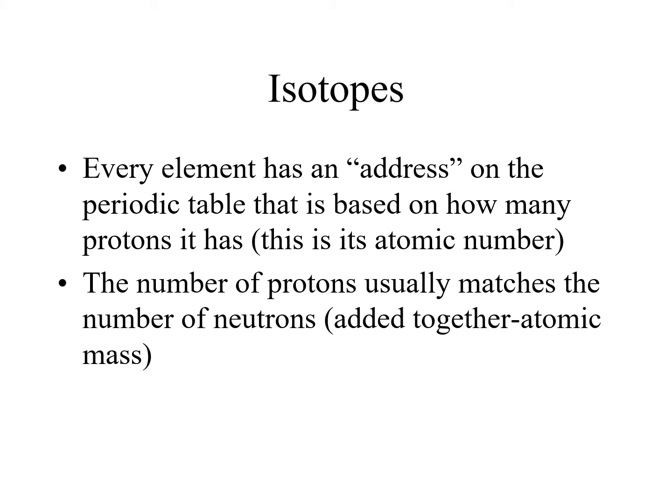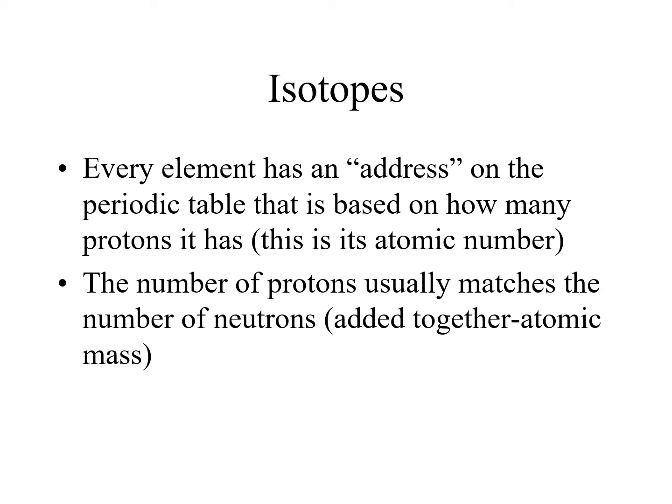So when we talk about an element, think of that element as having an address. We talk about how elements are found on the periodic table. And so, for example, hydrogen is number 1, helium is number 2, carbon is number 6, nitrogen is number 7, oxygen is number 8. So think of those as house addresses.